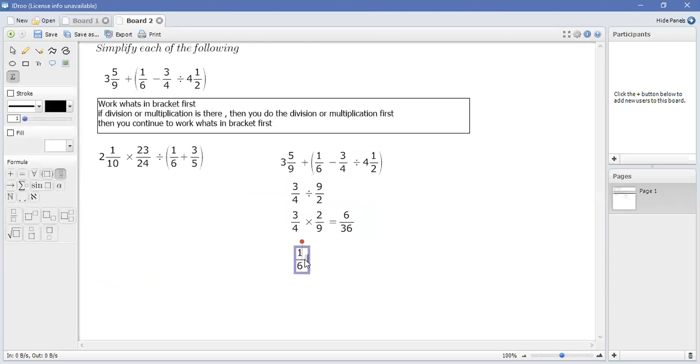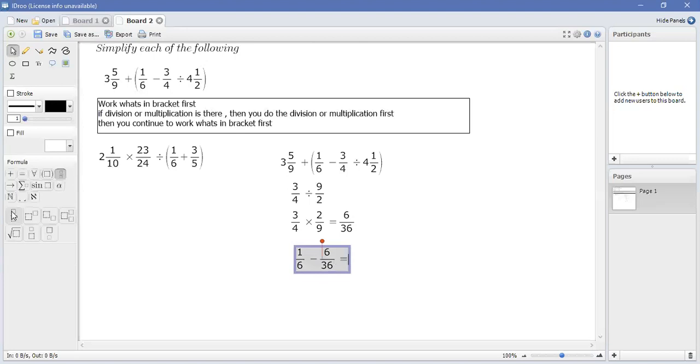I'm going to subtract the 6 over 36 from that. Good? And you know the procedure, right? 1 6, and minus. Okay, sir.